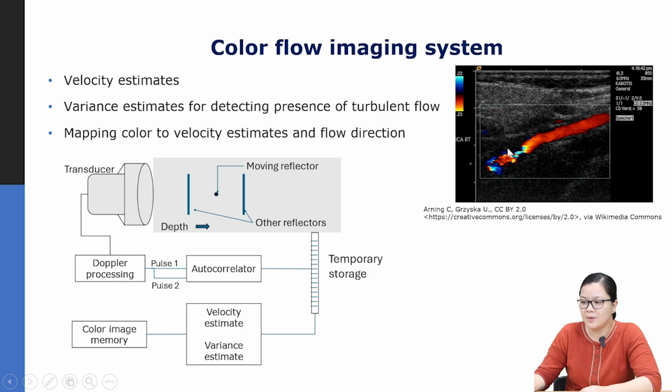And that's because of turbulent flow. Now, if one looks into a region of interest where the turbulence is, looks into the range of velocity values and computes the variance, it will be much higher compared to a region of interest with smoother flow right here. So these variance estimates are useful for gauging the presence of turbulent flow within regions of interest in the vessel.